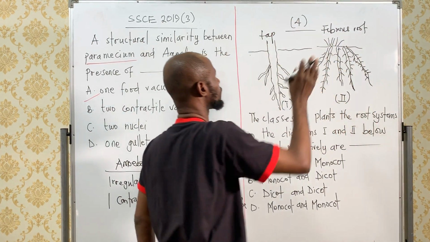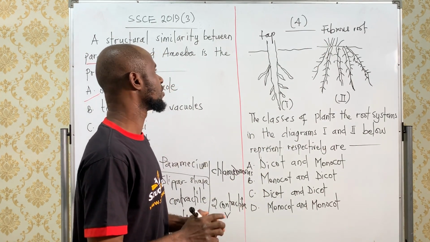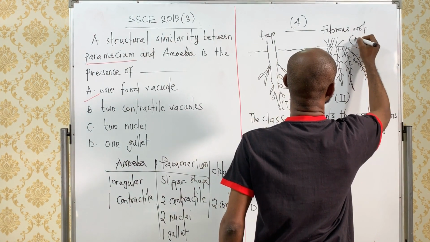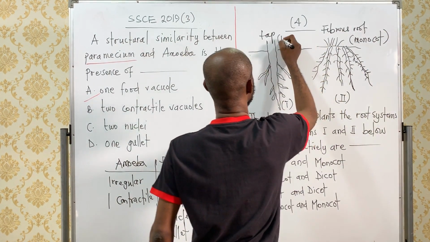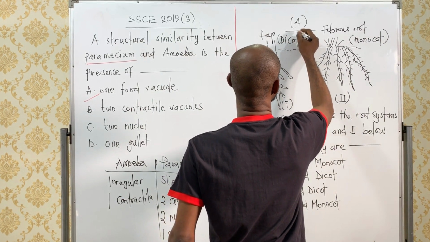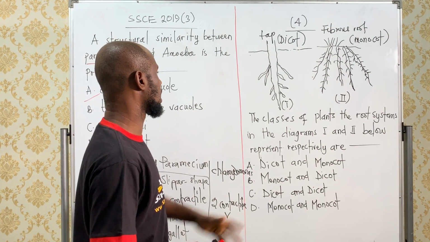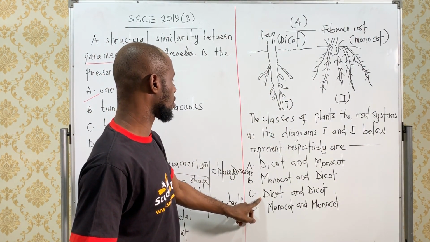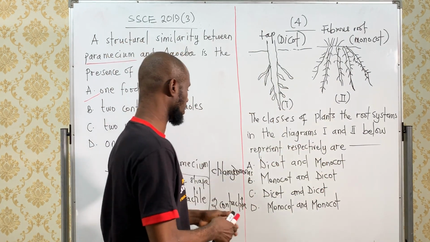Which of the classes of plants bears the taproot and the fibrous root? The monocot has the fibrous root, while the dicot has the taproot. So Roman figure 1 is dicot, while Roman figure 2 is monocot. So the answer here is A.